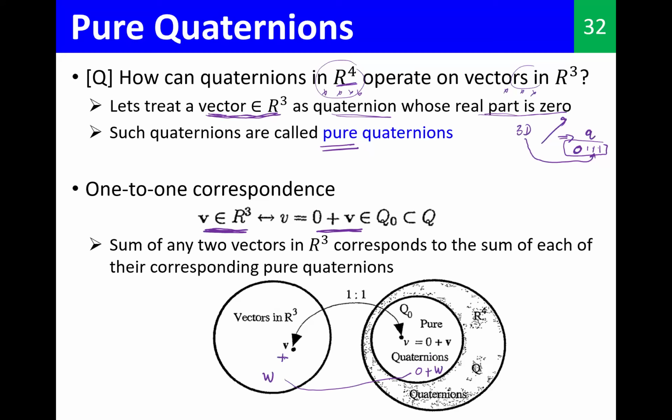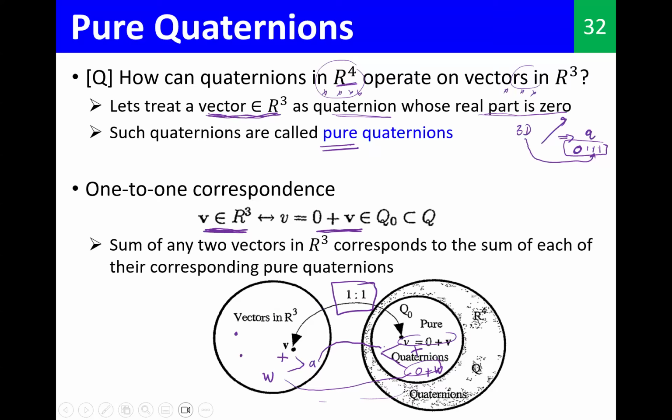Now, if I add these 2 vectors, I will get another vector, let's call it A. And interestingly, it will correspond to a certain quaternion, and that is the same as adding these two. This and that generate that. So that's this one-to-one correspondence, right? For each vector in three-dimensional space, there is a corresponding pure quaternion.